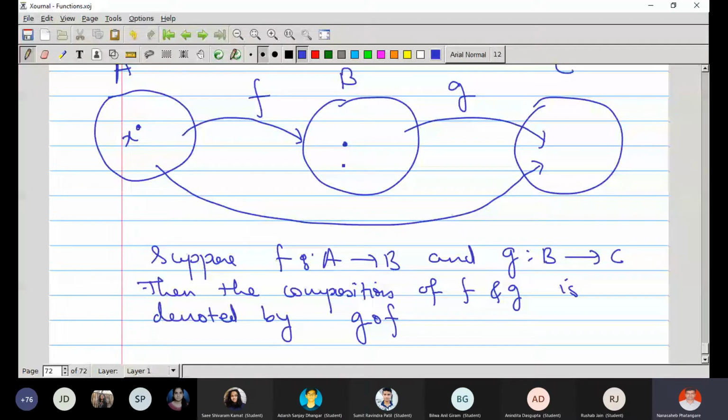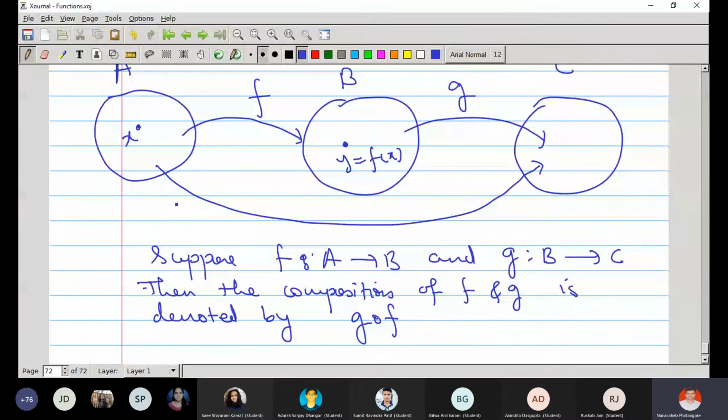Now can I apply g on this y? Yes. Can I apply g on x? No, sir. Because A is some different set, and may not be in the domain of g.